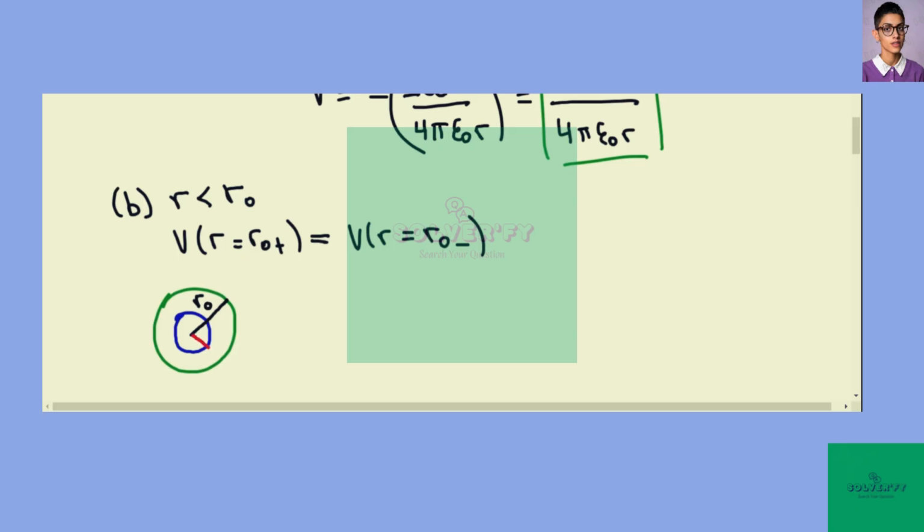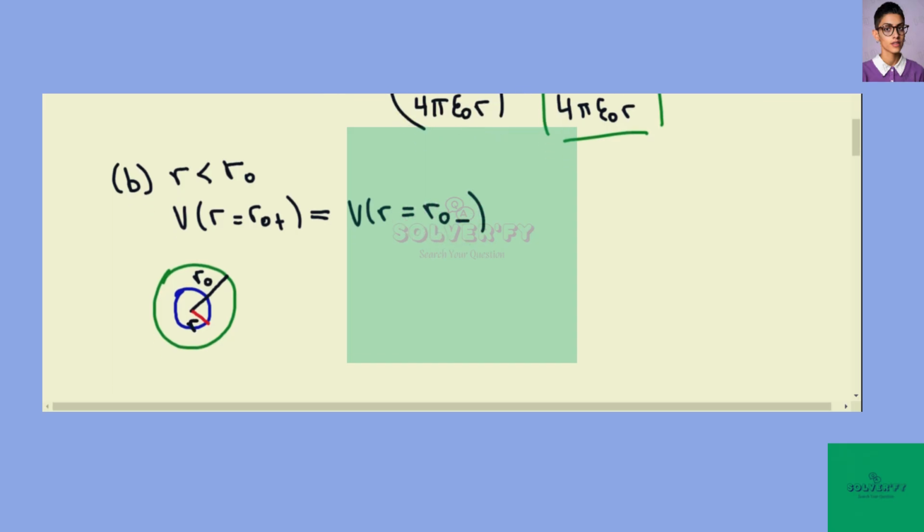Our surface, the distance between the center and our surface, is R. So what we have is that the electric field times the area element is equal, again, to E times 4 pi r squared, and this is equal to the enclosed charge, I'm going to call it lowercase q, divided by epsilon 0.